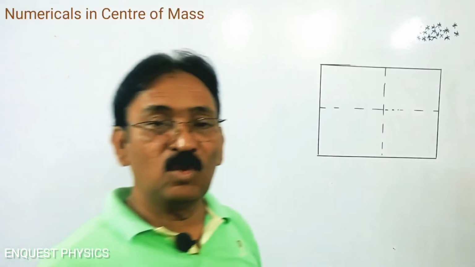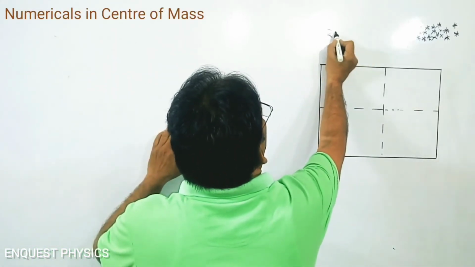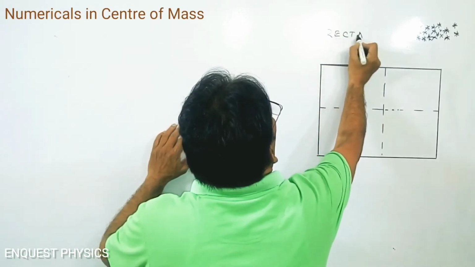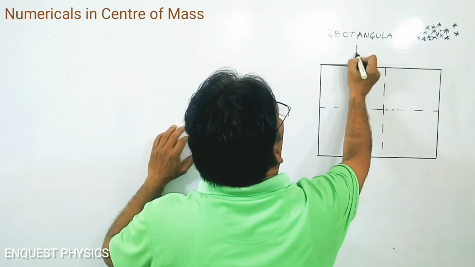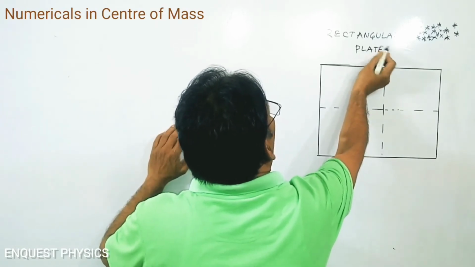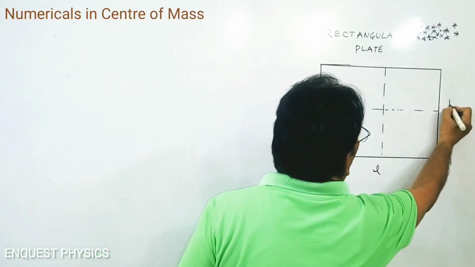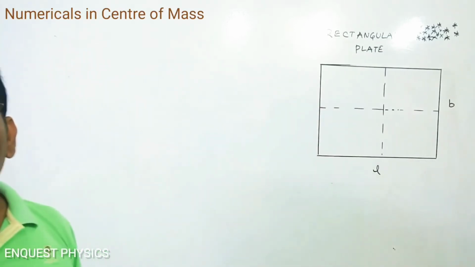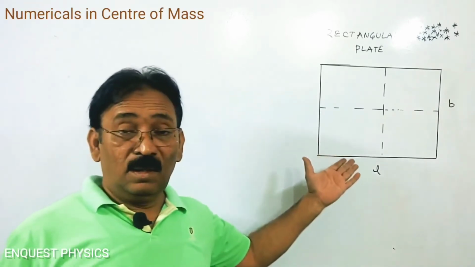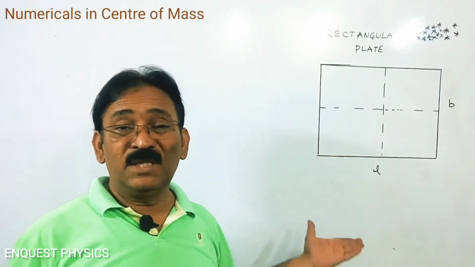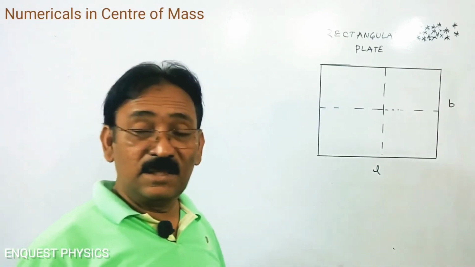Here we are taking one more example, students, and this time we are taking a rectangular plate. Okay, students, this rectangular plate has a length of L and breadth of B. Before we did a problem in the case of a square plate, just dimensions have been changed, and it has the uniform density and as well as has the same thickness.